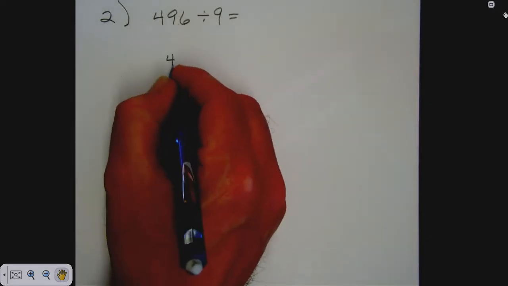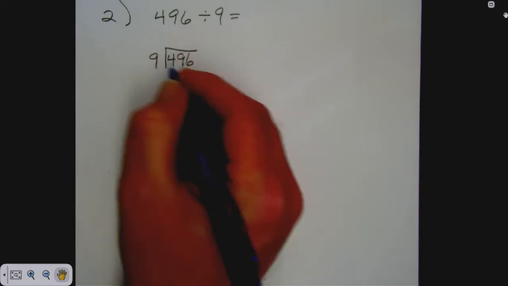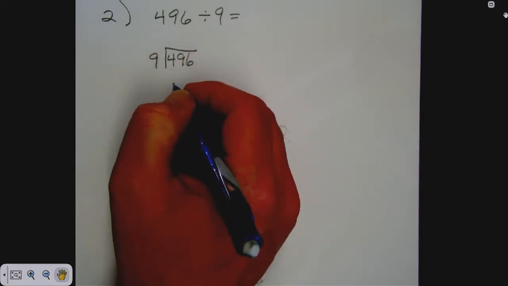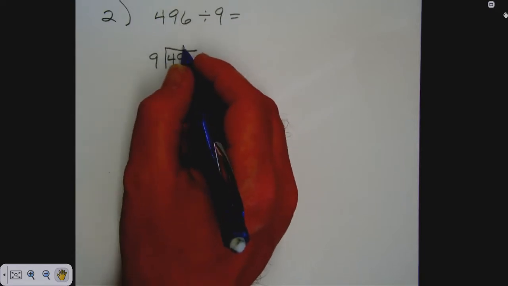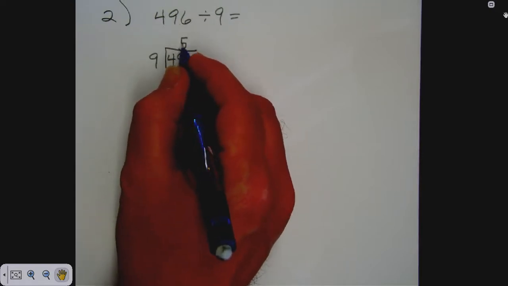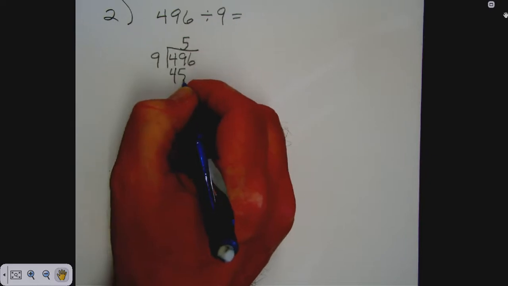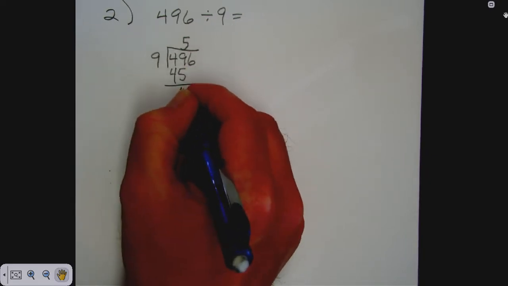So the 496 I put first, I divide it by 9, and I say, does 9 go into 4? No. Does 9 go into 49? Yes. How many times? Well, it goes in 5 times. 5 times 9 is 45.